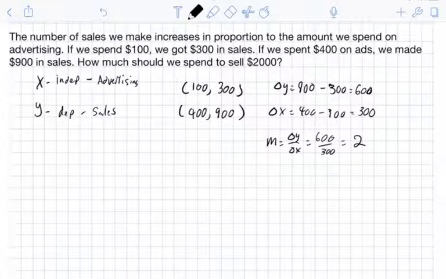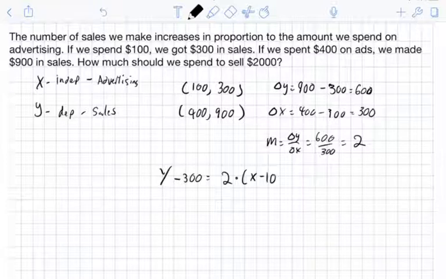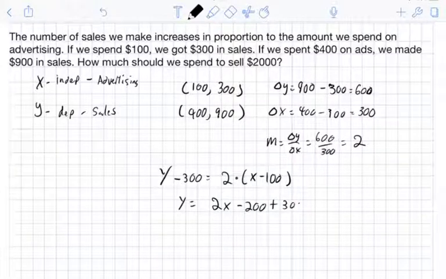So y is equal to, wait, hold on. We need to put this in point slope form. y minus 300 is equal to 2(x minus 100). Okay, 2x minus 200 plus 300. So y is equal to 2x plus 100.